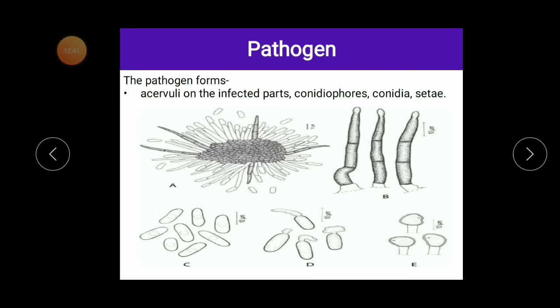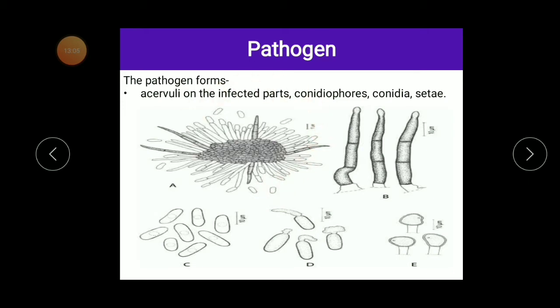The conidia are hyaline, falcate, and borne singly on the conidiophore. You can see these are the conidia which are borne on the conidiophore, and their size also lies around 10 micrometers. Numerous black colored, thick walled setae are also produced in the acervulus, and this is the setae, and this one is the acervulus.